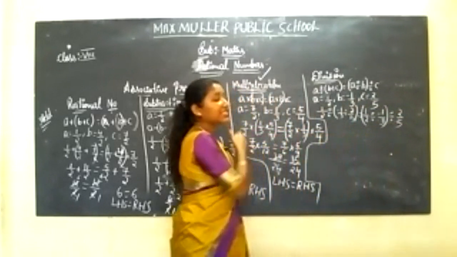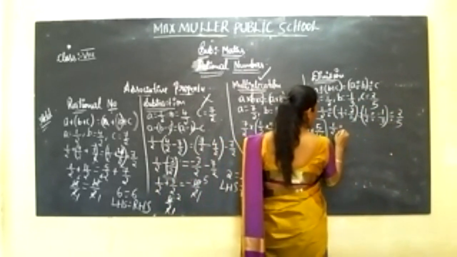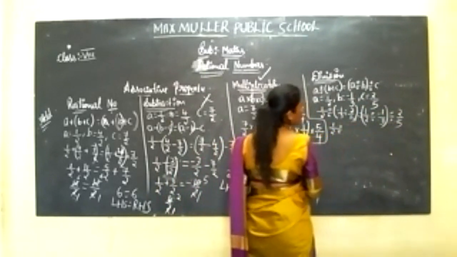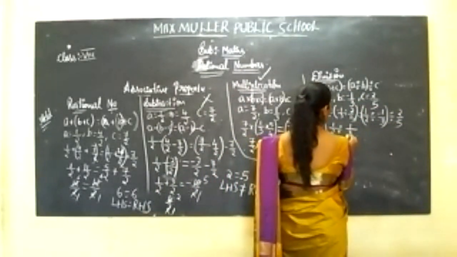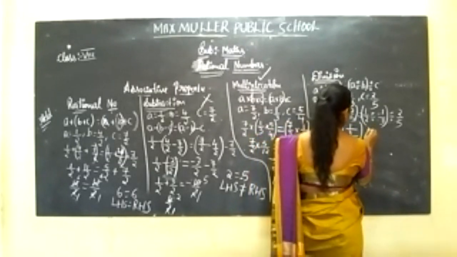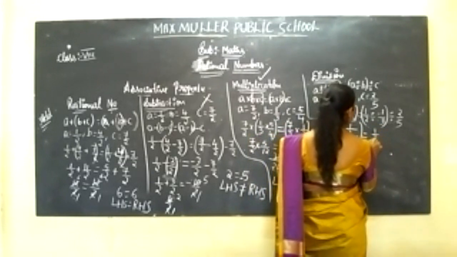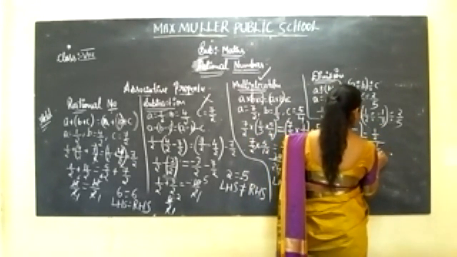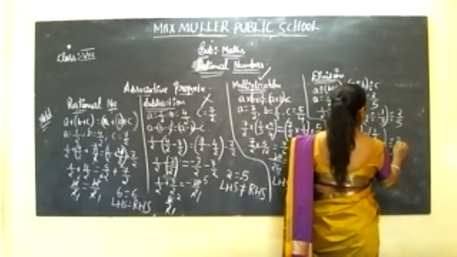Understood? Now, as I told you, you have to remove the bracket first. 1 by 2 divided by, here, you can write this in this form. 1 by 3 whole divided by 2 by 5. And here, 1 by 2 whole, is equal to 1 by 2 whole divided by minus 1 by 3 divided by 2 by 5.